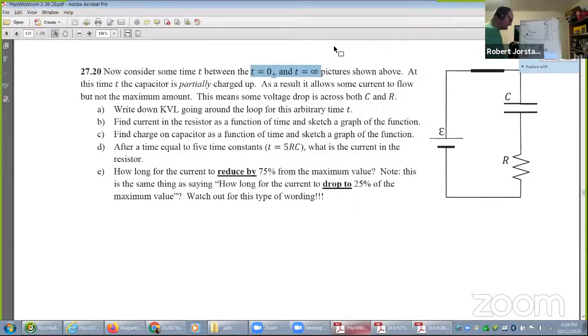Okay. 27.20 B is where we're going to start up. Okay. And you know what I might do? Well, I'm going to try and squeeze all three pictures in.